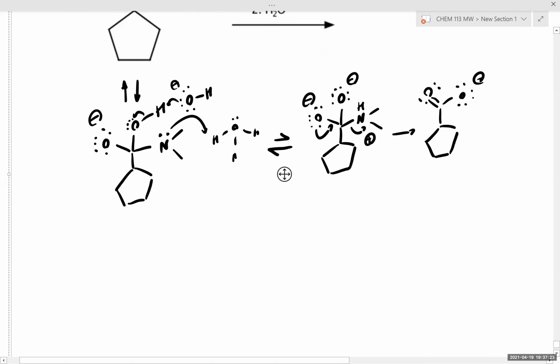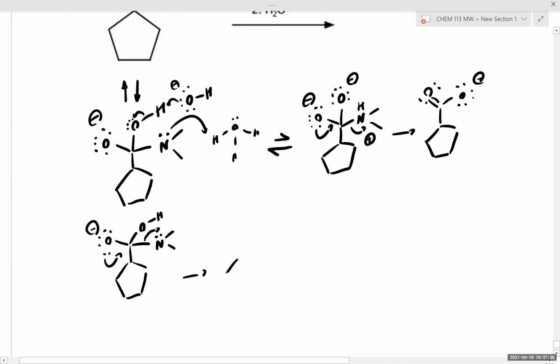One other way that the book sometimes draws this mechanism is that even though this amide is not the best leaving group, they just show you kick out your amide, you have this carboxylic acid, and then your amide deprotonates it.